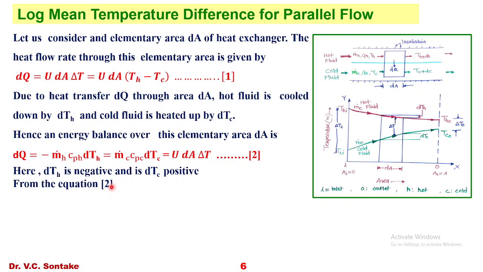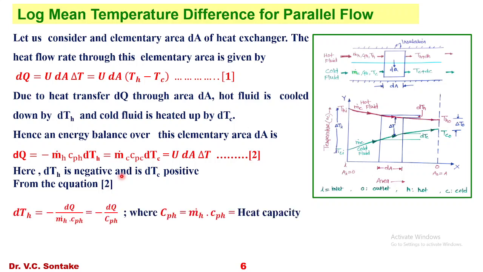From equation 2, I can rearrange for dTh and dTc. So dTh is equal to minus dq over m dot h cph, which is equal to minus dq over capital Cph, where capital Cph is equal to m dot h into cph, and it is the heat capacity rate of the hot fluid.